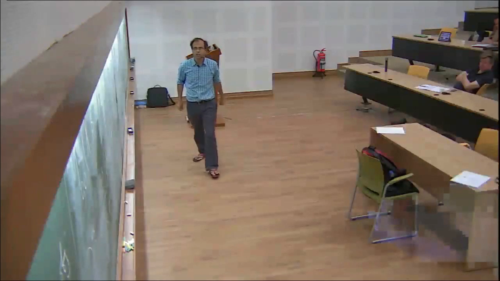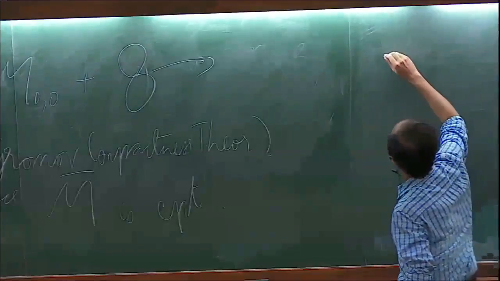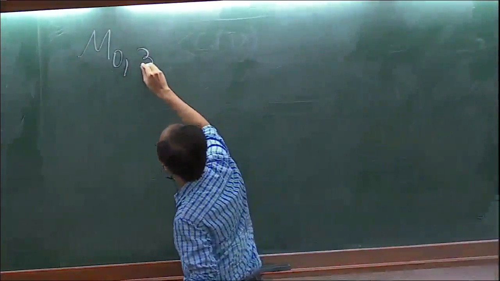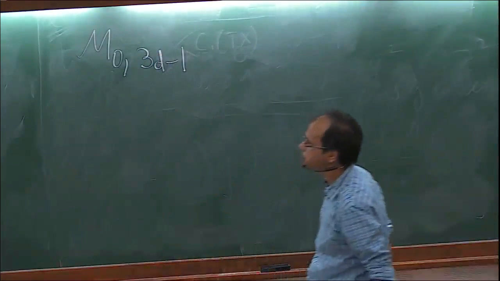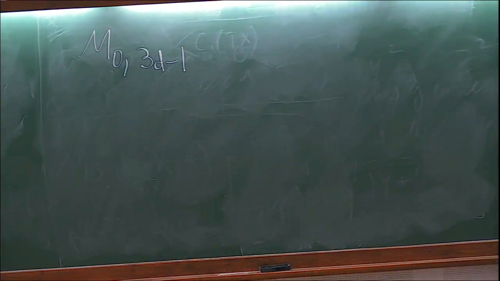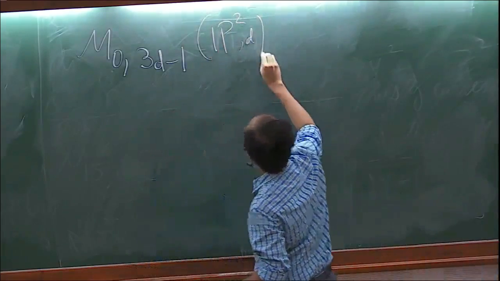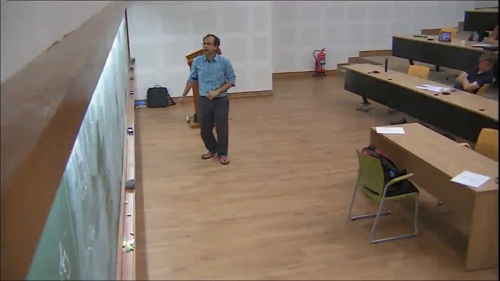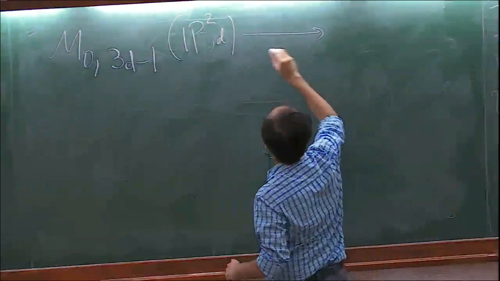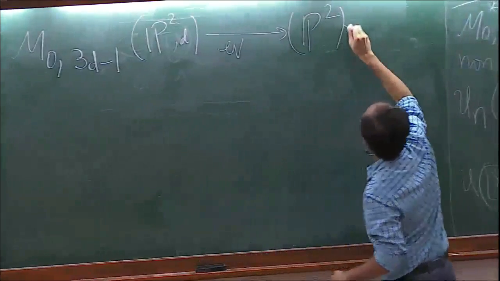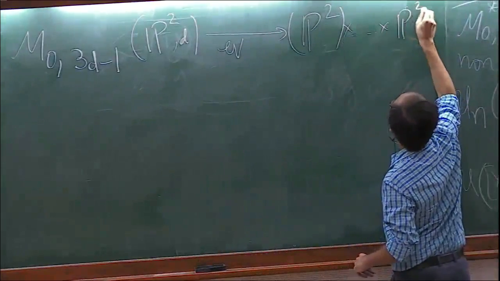So I'll interpret it this way. First of all, let's look at the moduli space of genus 0 curves through 3D minus 1 points. So I have 3D minus 1 marked points. So I'm looking at degree D maps to this, and we have an evaluation map to 3D minus 1 copies of P2.